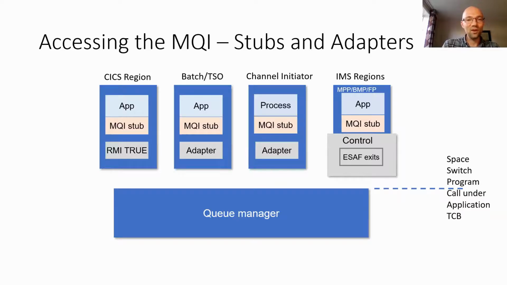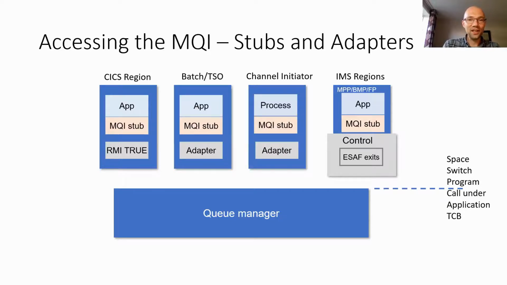And that's because of the way that applications call into the queue manager. So when you build an application, you link it with a stub, which is provided by MQ. And that's a tiny bit of code, essentially, that just provides an endpoint for the MQI calls, such as MQ open, MQ put, that those applications will need to call.